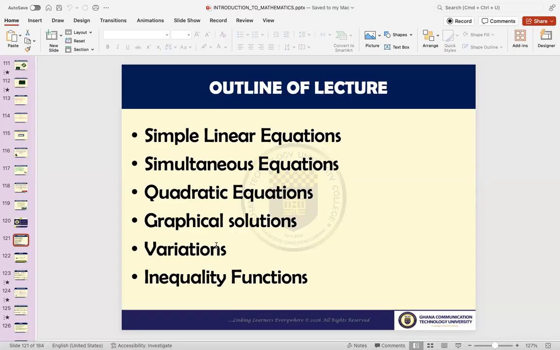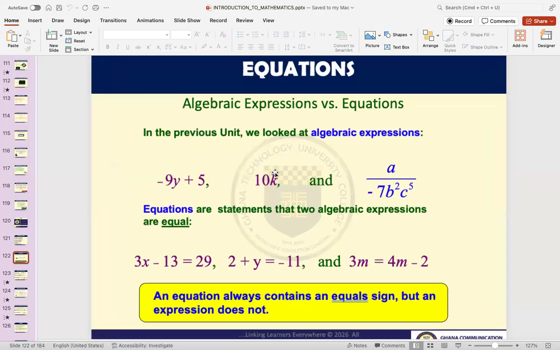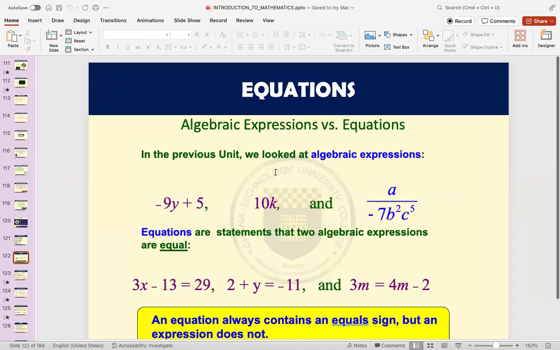We look at variations, and then we have inequality functions. So we'll move step by step through them, and then as usual, at a point, I'll pause for you to ask your questions. Right. So let's start with the simple linear equations, or the word equation.